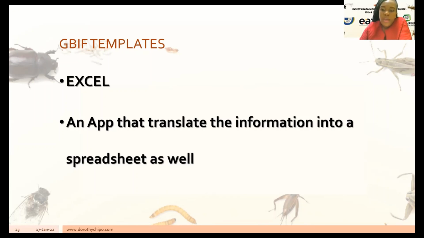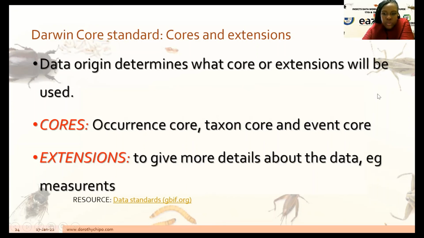We will capture metadata, but with other supporting primary biodiversity data. Excel spreadsheets are the standard way of capturing biodiversity data for GBIF. But you can also scan, and it goes through optical recognition software and translates into an Excel spreadsheet, which you can then work on and submit. That's one other method.